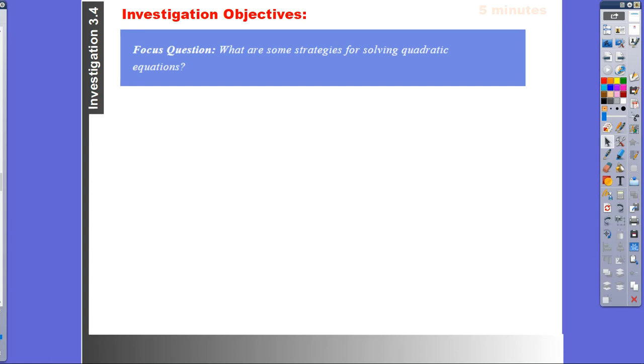All right, so for investigation 3.4, your work on Tuesday, you are expected to learn some strategies for solving quadratic relationships. And in the past, you have found that you have to satisfy a couple requirements before you can solve a quadratic.